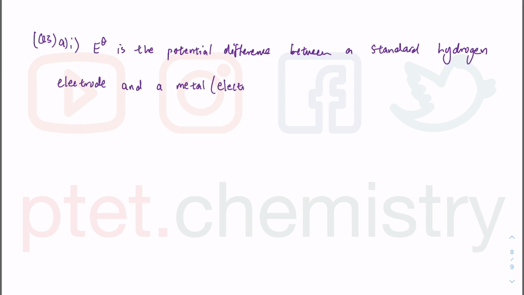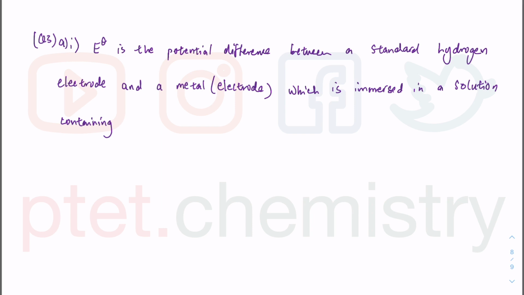Basically the electrode. In the case of a non-metal, you will have a metal as an electrode, which is typically platinum as your inert electrode, which is why it's between that and a metal immersed in a solution containing the ions.